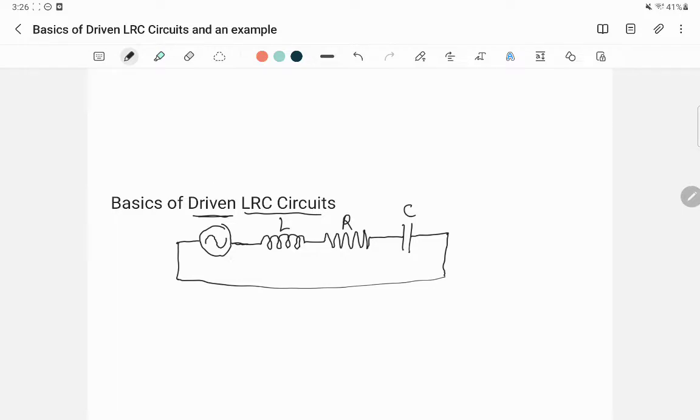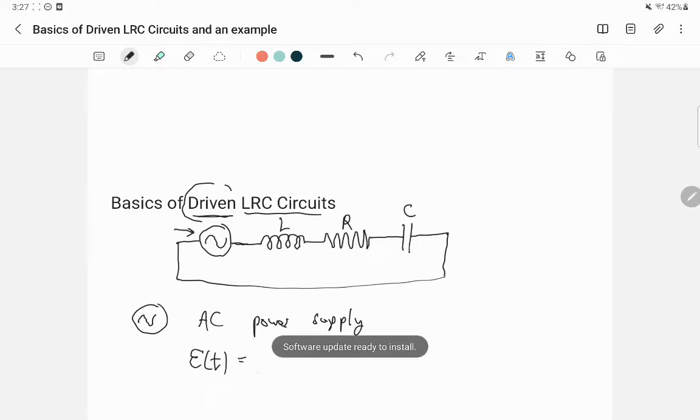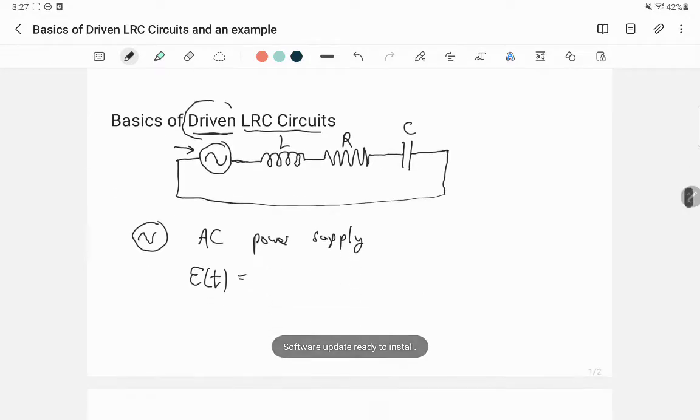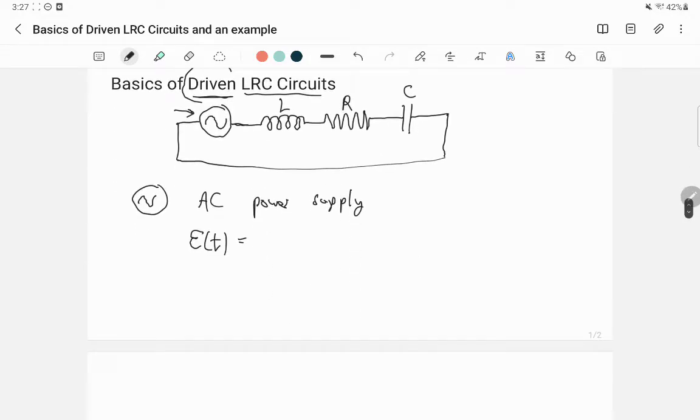The driver, which is this thing right here, is an AC power supply. It's going to supply a voltage, which I'll represent with this electromotive force script E symbol, which varies in time. We'll be very specific about how this voltage varies in time.